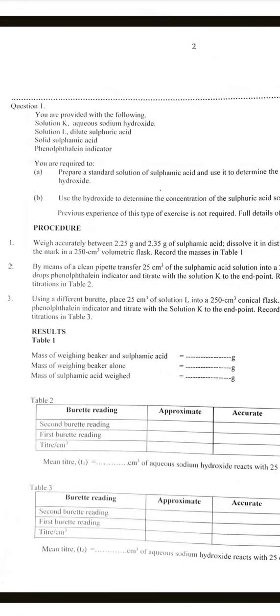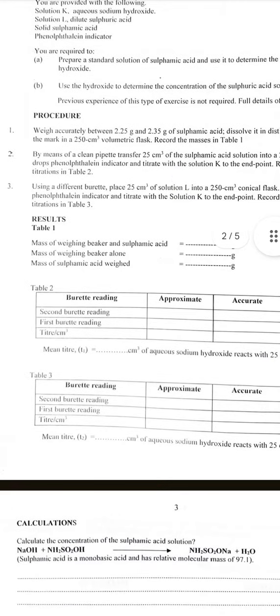The second burette reading is the volume of sodium hydroxide used to obtain that pale pink color. You record the volume, and then you can refill. That is still under approximate. Now you can refill the burette to the 0 cm cube mark and then you go to the accurate.